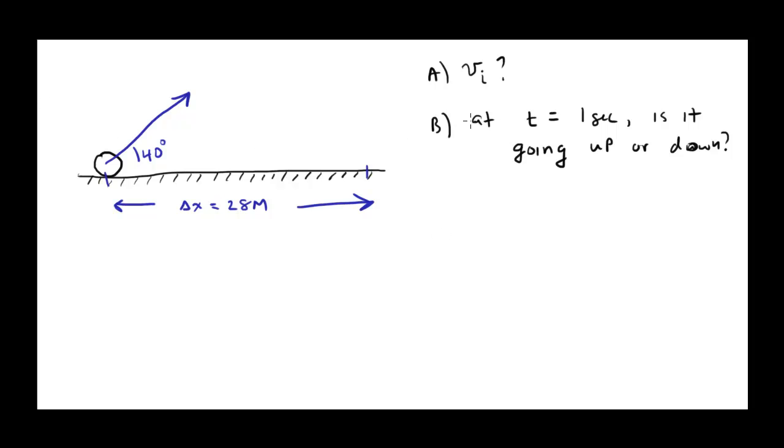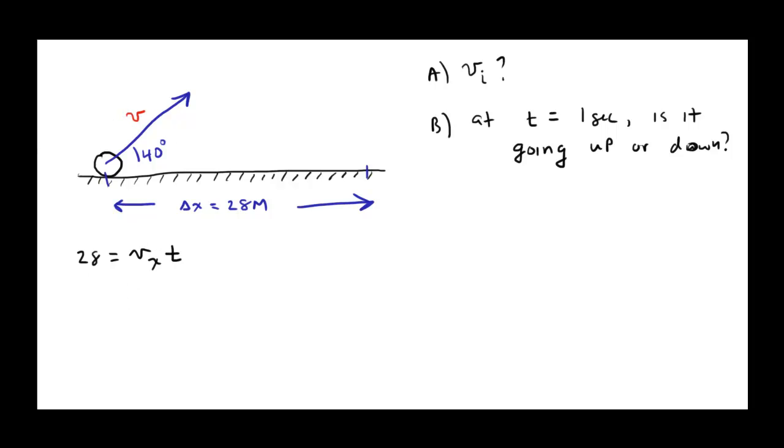So part A, what is the initial velocity? Here's where if you go ahead and use your delta x and delta y, it becomes tricky, because you say delta x is 28, so 28 equals Vx times t. And here you say to yourself, I don't know Vx. I know that this is some velocity v, but I don't even know v.